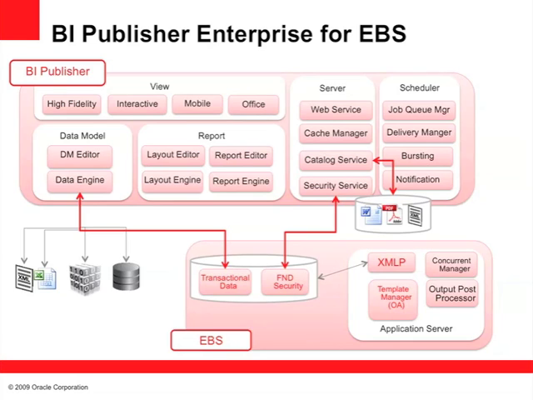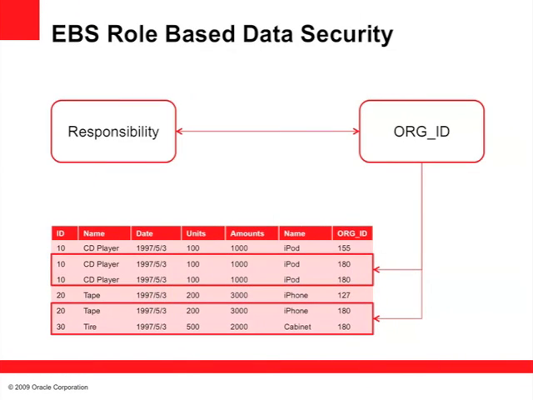In the E-Business Suite, there's a responsibility, which is like an application role, a group, which is assigned to each user. And the responsibility is associated with an org ID, which represents the organization. Most of the views in the E-Business Suite respect this organization ID. So for example, if your organization ID is 180, you'll get only the data within the red squares.